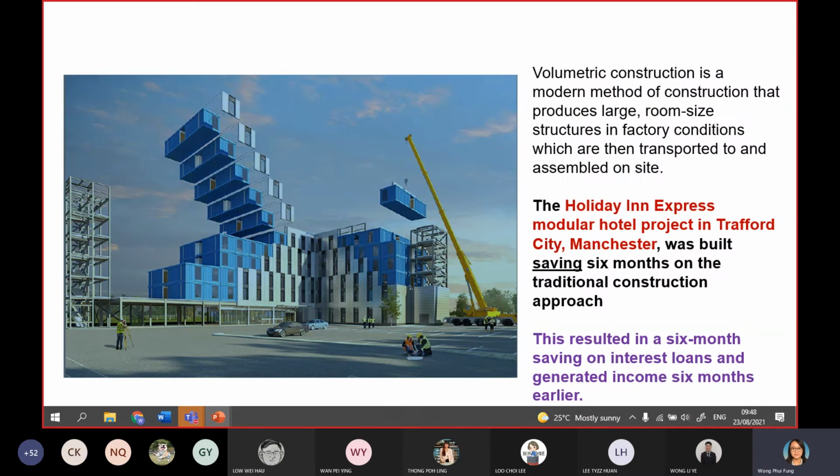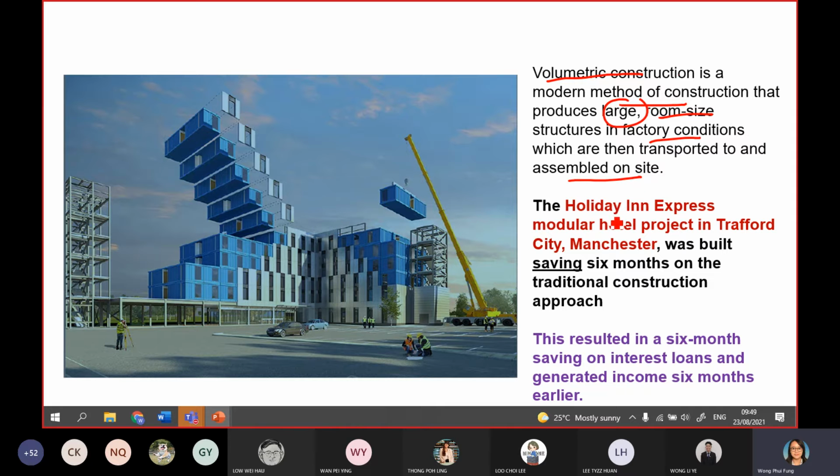Okay. Another example I want to show you is this hot cell. This method called volumetric construction is also one of the prefabricated methods. It's a modern method of construction that produces large room-size structures in factory conditions, which are then transported to and assembled on site.